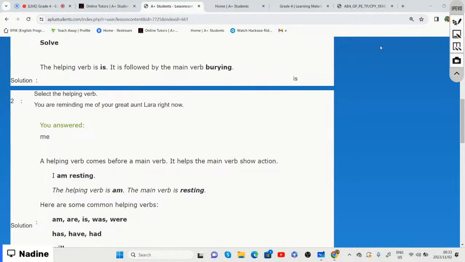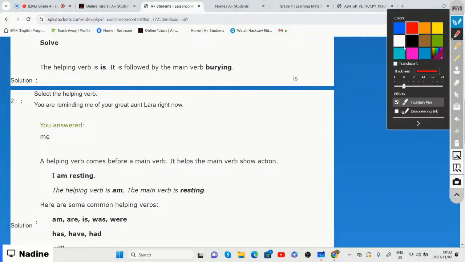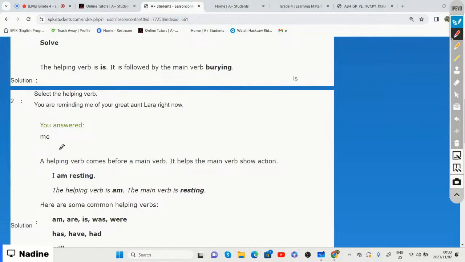If we identify the main verb, the something that the person is doing, then it is reminding. So reminding is our main verb.